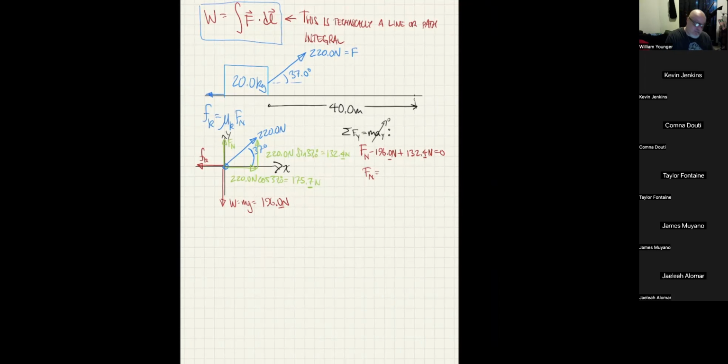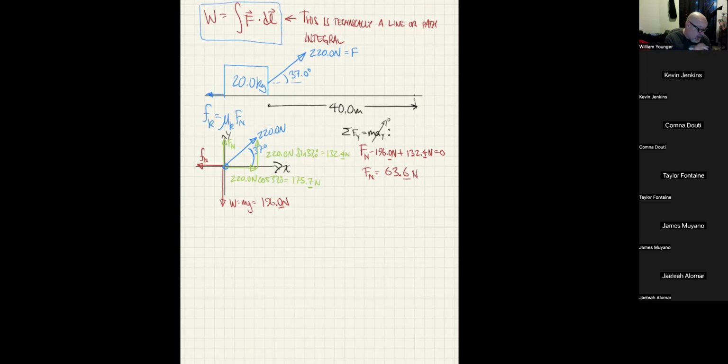And that gives me 63.6. Now, technically, because this is a subtraction problem, this single decimal place is actually not a sig fig. So we've actually lost sig figs, and we only have 2 sig figs on the normal force now.